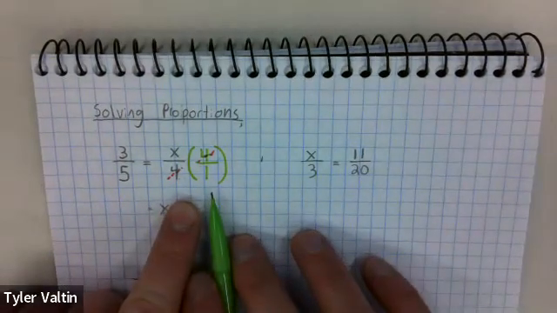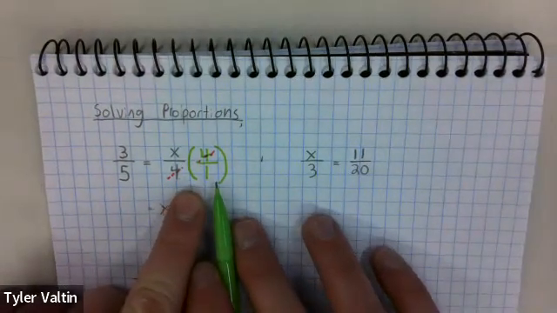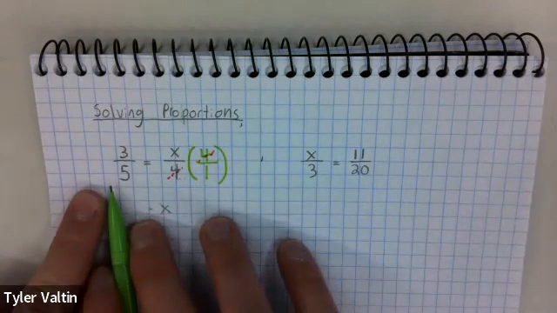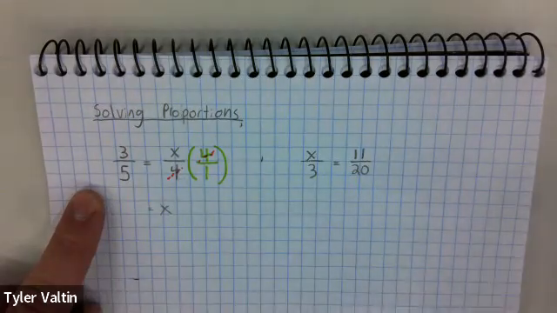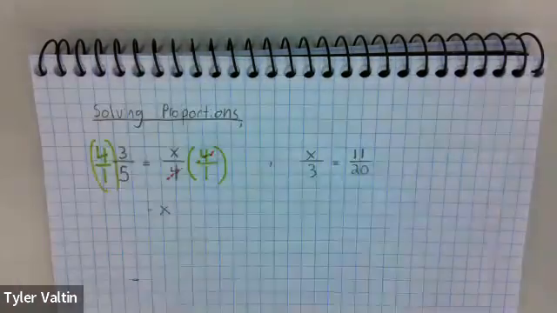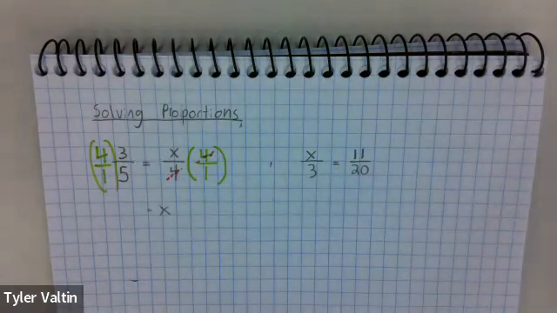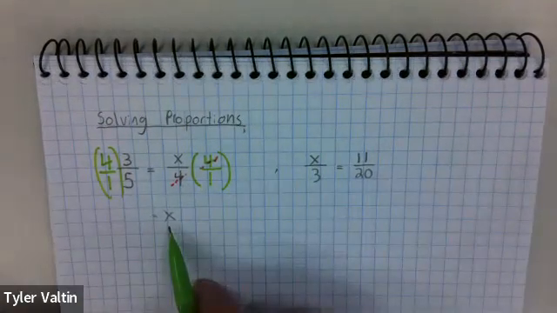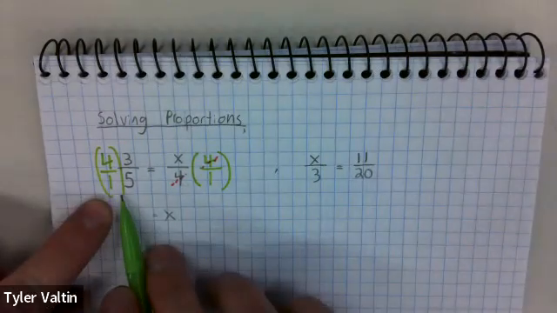But as always, if I do something to one side of the equation, I have to do that same exact thing to the other side, or else my equation will become unbalanced. So I'm going to go ahead and multiply by 4 over 1 on the left side as well. So I got x by itself from the right side. But over here, I've got to clean this up.